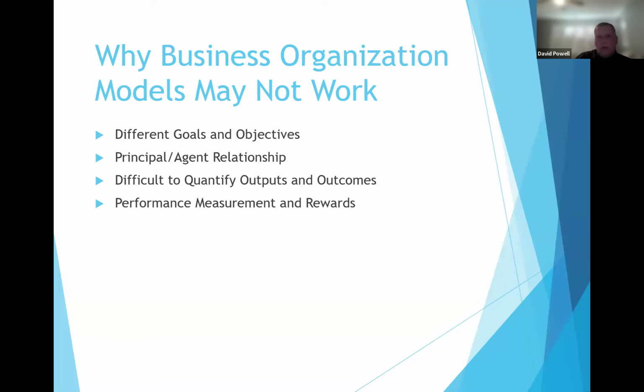Typically, in your basic principal agent relationship, you would think that the information resides with the principal. The principal can then use that information in order to oversee the actions taken by the agent. However, in the public sector, the information really resides at the agency, at the organizational level. Who knows better how a program is being implemented than that organization itself and those people in the organization who are implementing those programs on a daily basis.